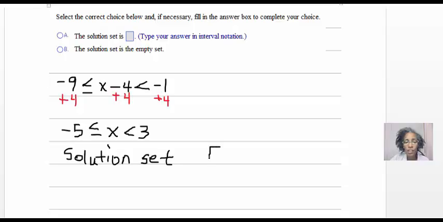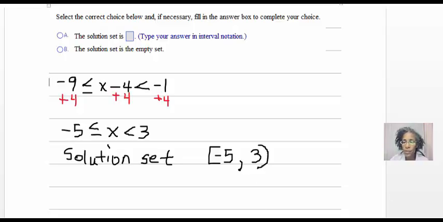The negative 5 is included in the solution, so I have a left bracket beside -5. The 3 is not included, so I put a right parenthesis around the 3, and all numbers in between -5 and 3 are included. So this interval is all numbers between -5 and 3 as well as -5.